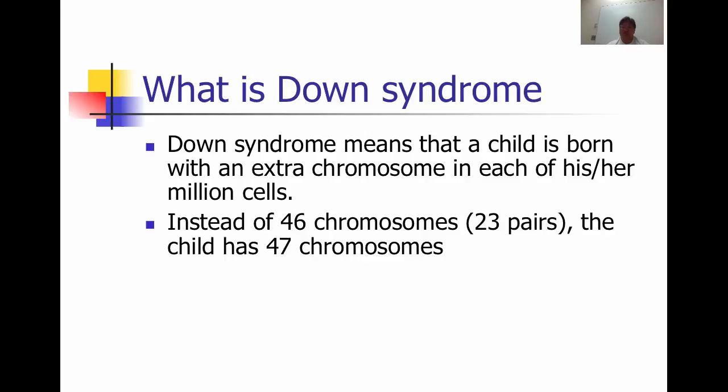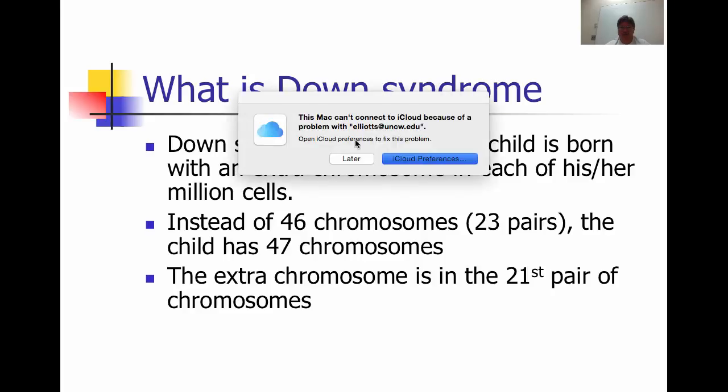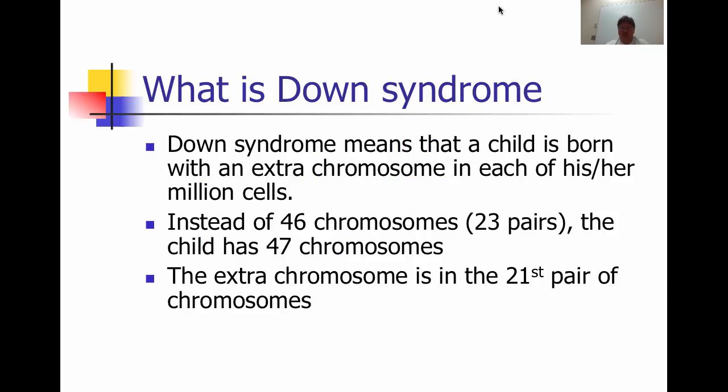So instead of the 23 pairs, one of those pairs has an additional chromosome within it. And that gives the Down syndrome fetus and child 47 chromosomes. Usually the extra chromosome is in the 21st pair of chromosomes, and you'll see that on the next slide. I say usually, that's not always the case, but it usually is.